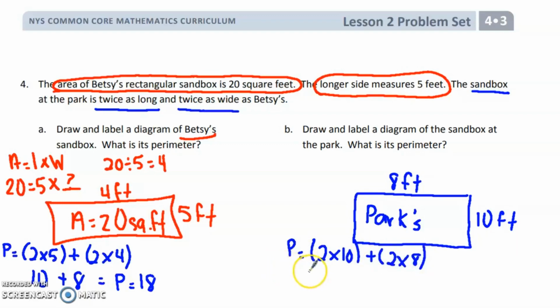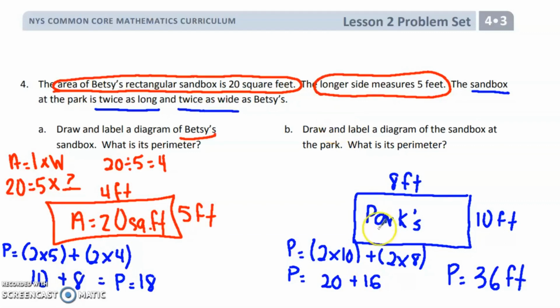That gives me perimeter equals 2 times 10 is 20 plus 2 times 8 is 16. Oops, sorry, 2 times 8 is 16. If I add those two numbers together, I get a final perimeter of 36 feet.